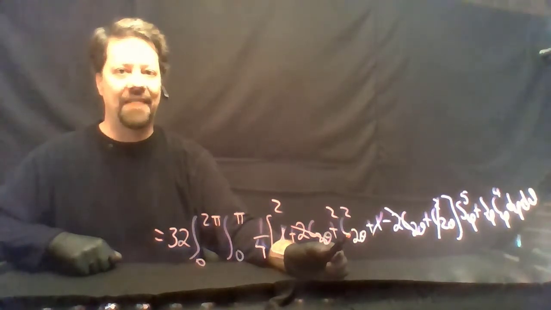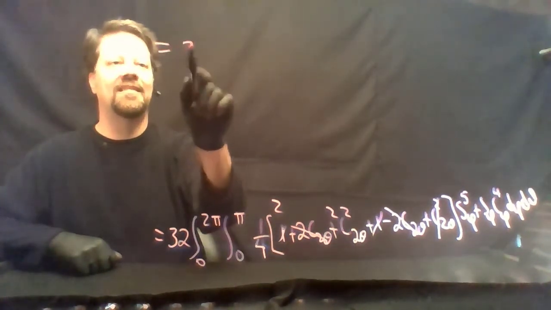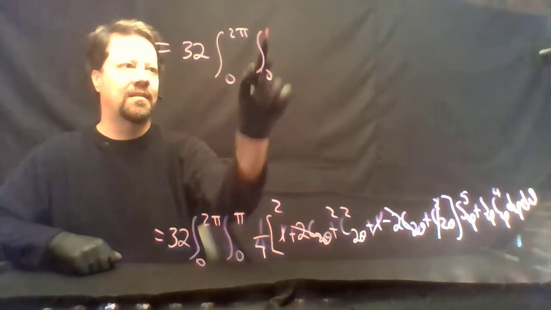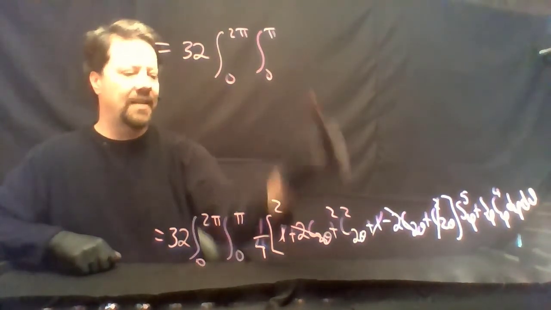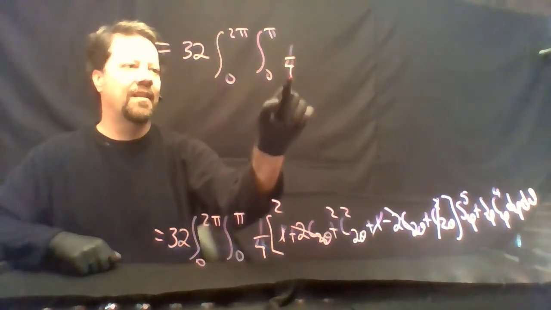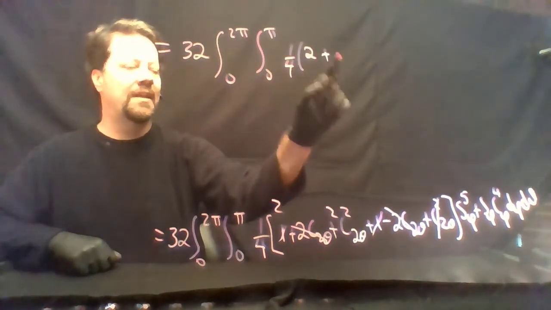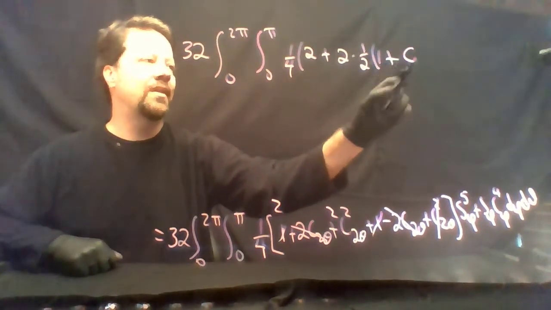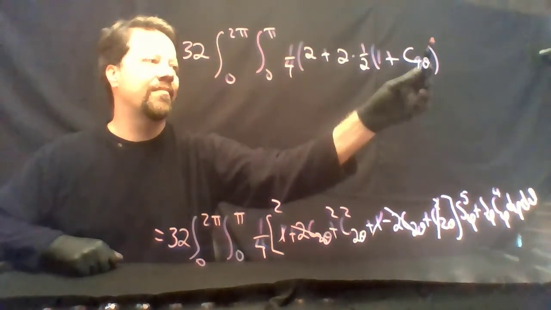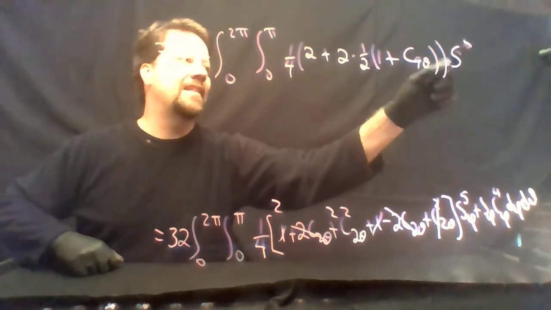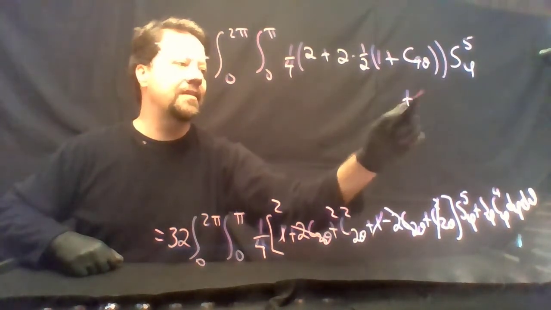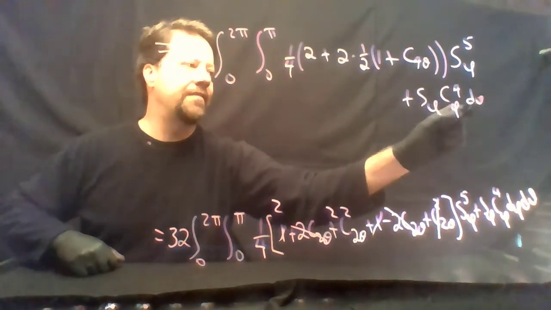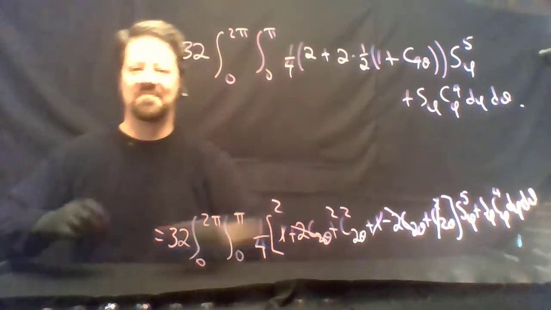We need to use the half-angle identity again. We'll have 1/4 times 2 plus 2 times a half times 1 plus cosine 4 theta, all times sine to the fifth phi plus sine phi cosine phi to the fourth, d phi d theta.